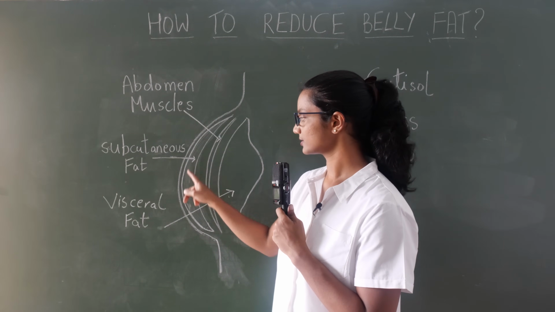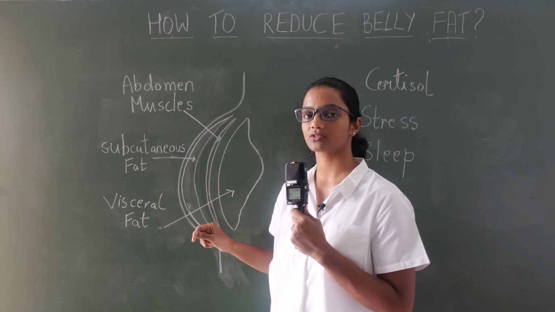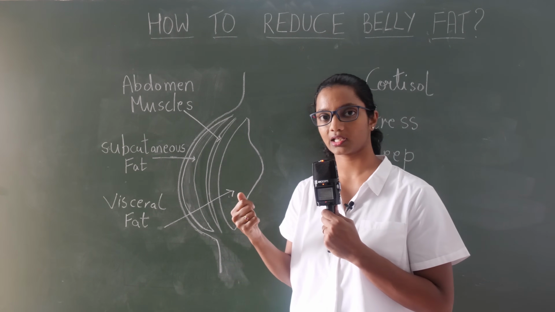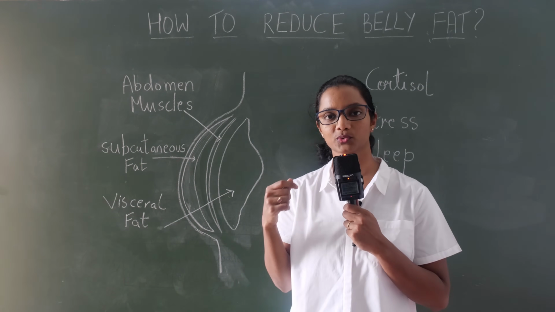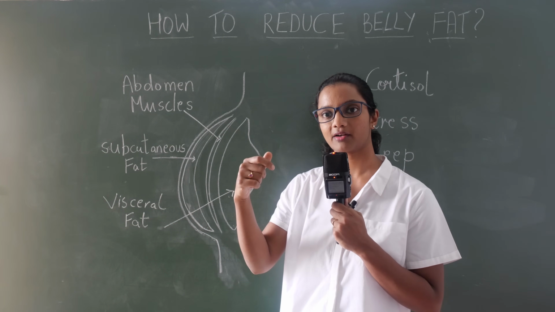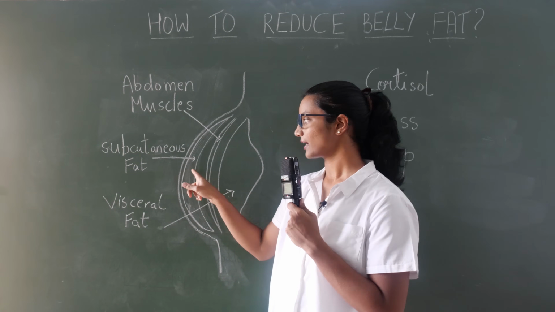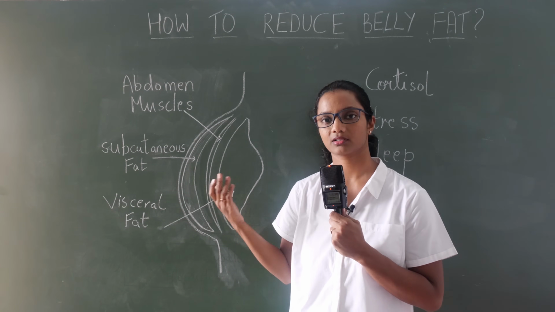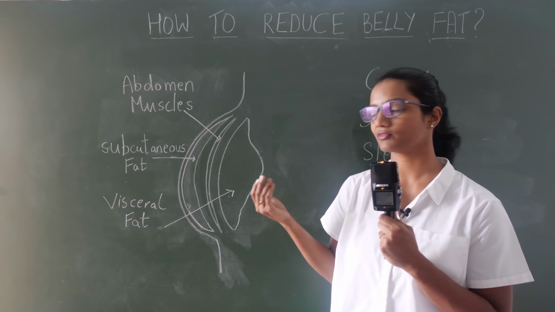This fat, which I have named, is called subcutaneous fat. Fat just below the skin, which you can pinch, like you can pinch your arms. It is soft, and this is present all around your body, in your legs, in your arms, everywhere.